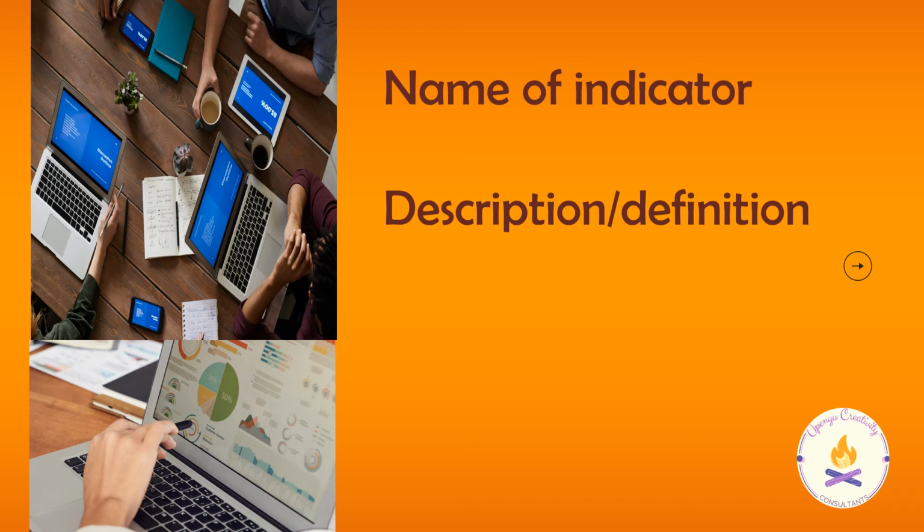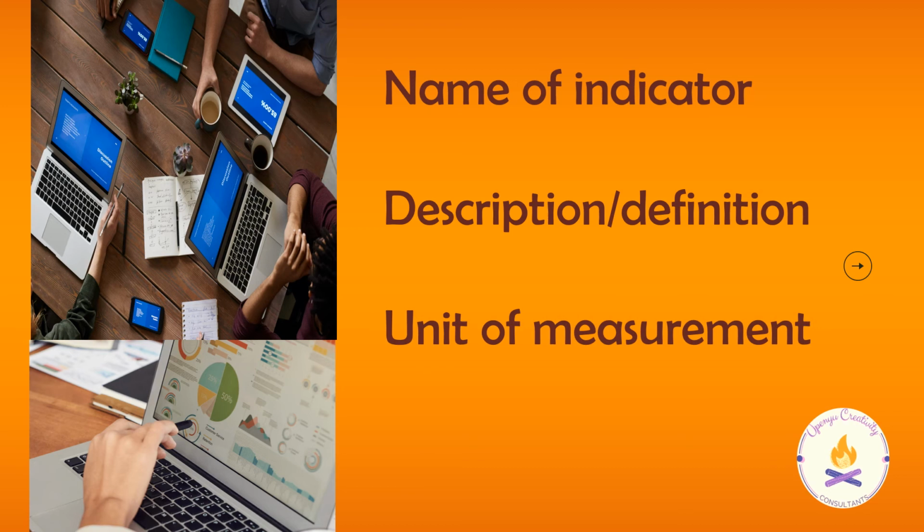There should be a description or a definition of the indicator, not just stating the name. And then the unit of measurement. For example, if we say we want white, is white just white, or do you want crisp white? There's a range of whites: ivory white, egg white, so many. So that unit of measurement needs to be defined.